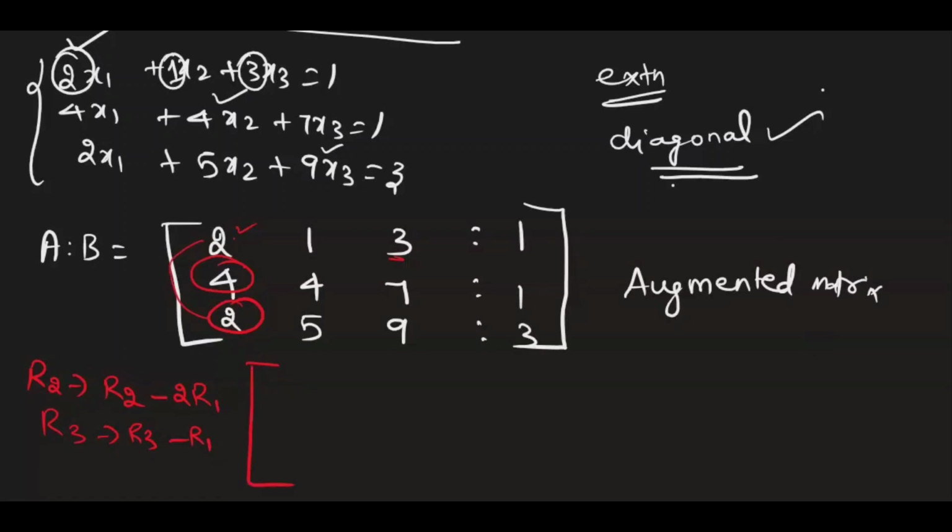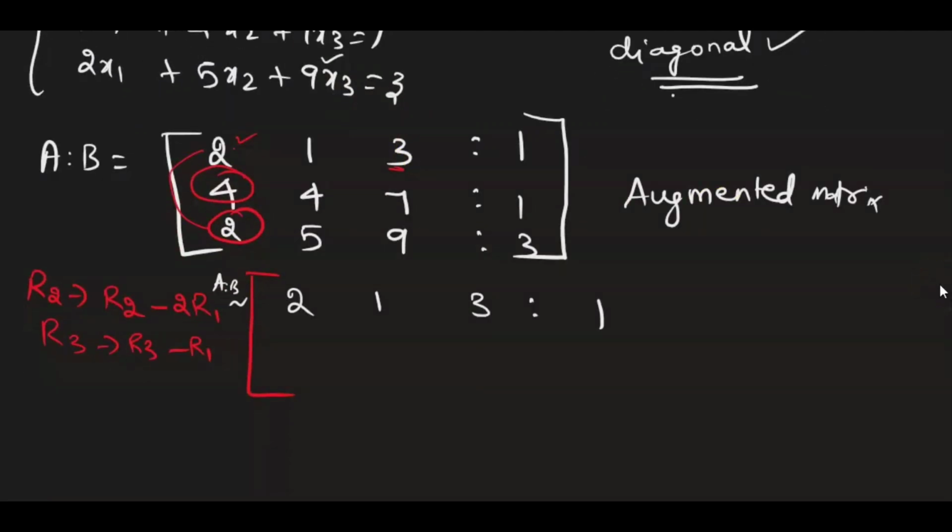And we are fixing row 1 here and changing the values in row 2 and row 3. So your augmented matrix will become, first element is 2 and then 1, 3, 1. So we are writing the first row, and then the second row values: 4 minus 2 into 2, if you want you can write in rough, which is 0. Then 4 minus 2 into 1, that is 4 minus 2, which is 2.